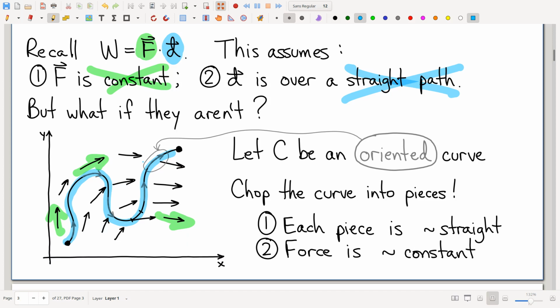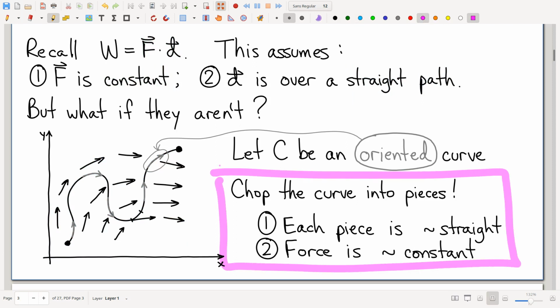Okay. Now the big picture is kind of exactly what you're probably thinking here, which is what we always do in situations like this: you chop the problem up into little pieces. You look at each little piece, and on each little piece, life is pretty good.